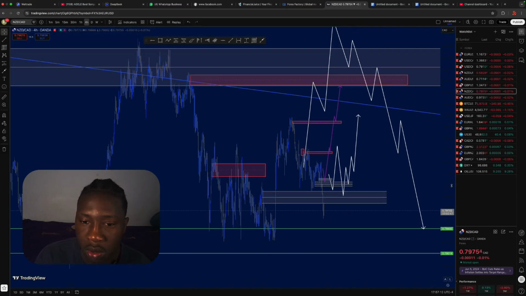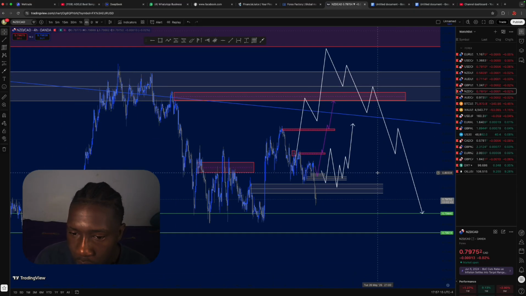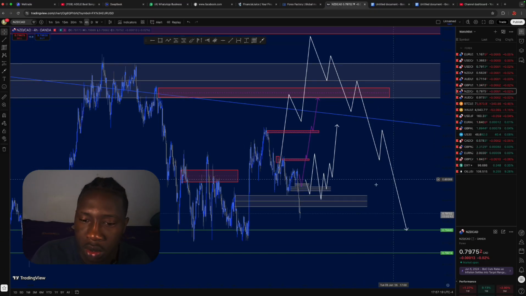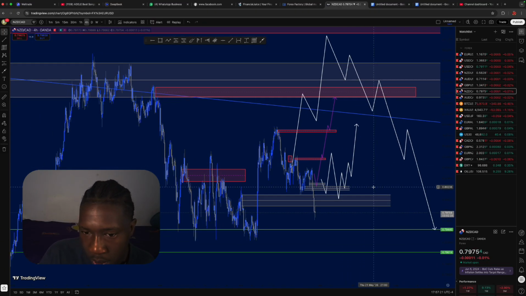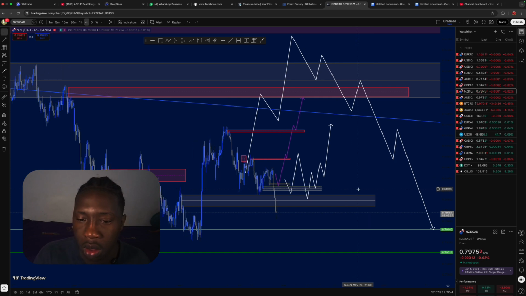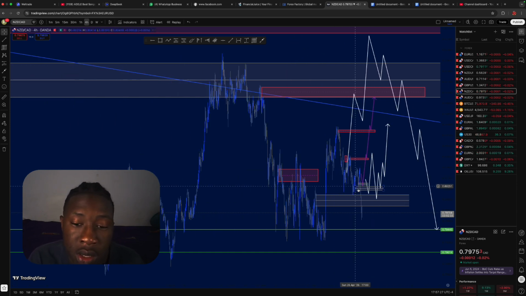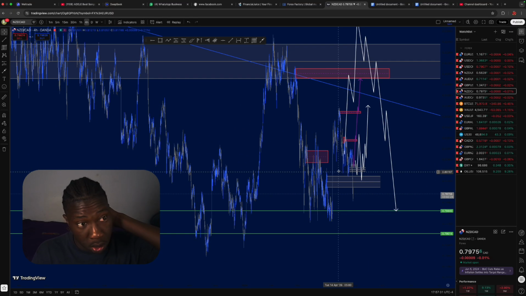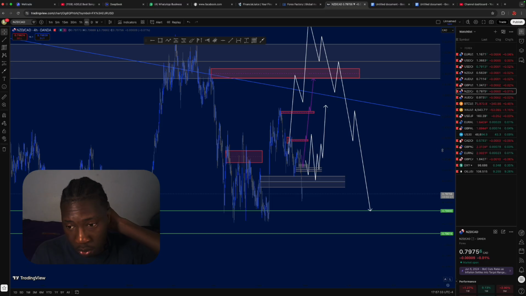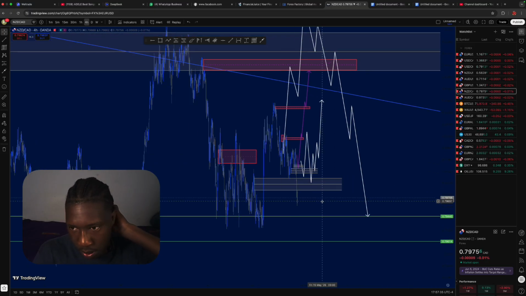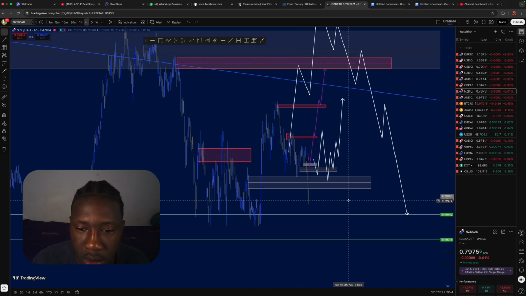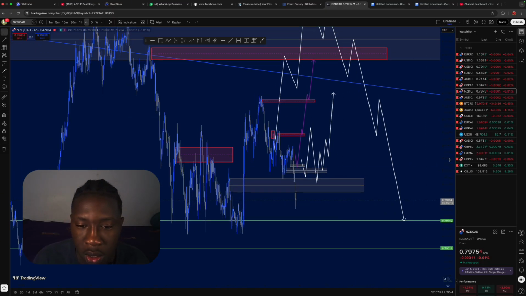We go to NZD-CAD. NZD-CAD did not respect any of our analysis from yesterday and even from Monday market open. It seems like the Canadian dollar yesterday was very strong versus the NZD, which was weak.